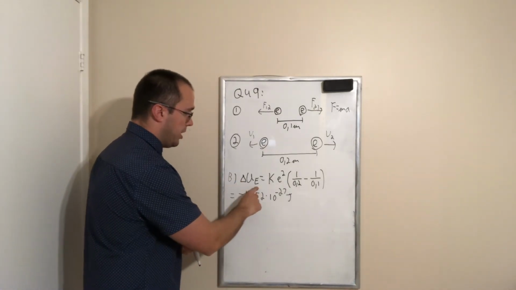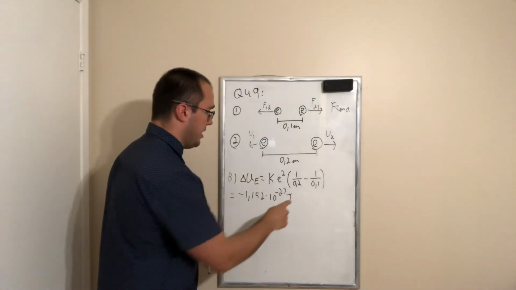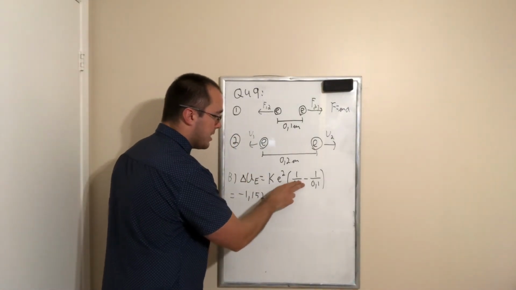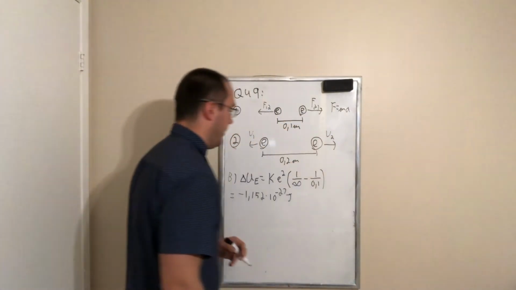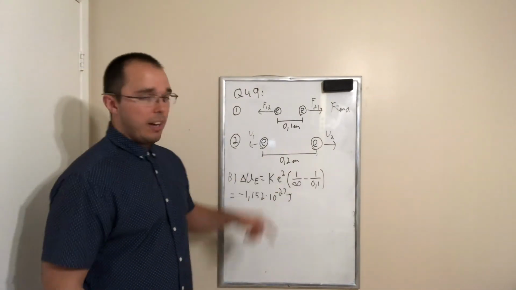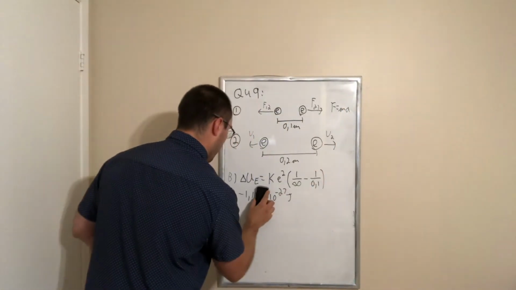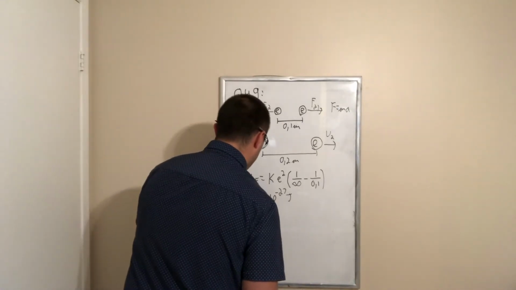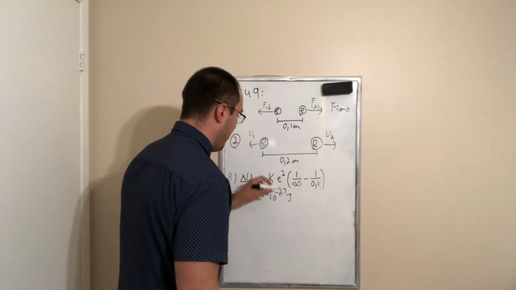The change in potential energy is the same, it's just that the final position is different. It's not 20 centimeters, it is at a vast distance, which we can approximate by using infinity. Now note, 1 divided by infinity is 0. Once we input these values, we get minus 2.3 multiplied by 10 to the power minus 27 joule.